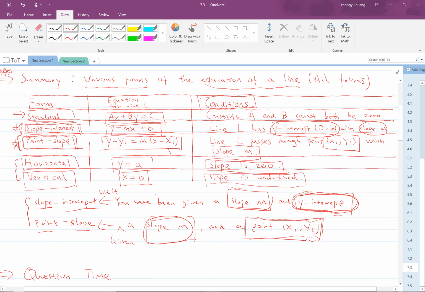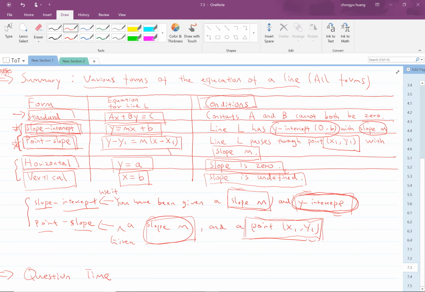So try to memorize those conditions. There's not too much information about those two forms. Just make sure you memorize it and keep it in mind, because if you know it, it will help you.